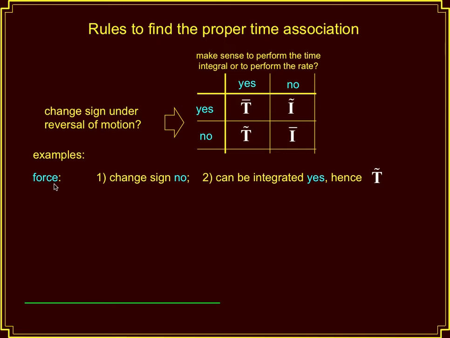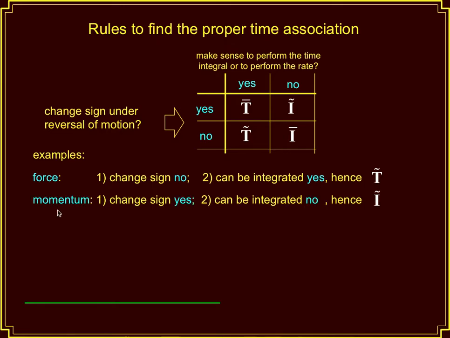For example, force: change sign, no. Can be integrated, yes, hence T tilde. Momentum: change sign, yes. Can be integrated, no, hence I tilde. Work: change sign, yes. Admits the rate, yes.